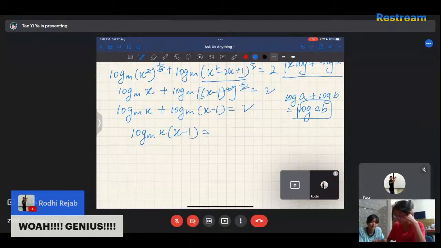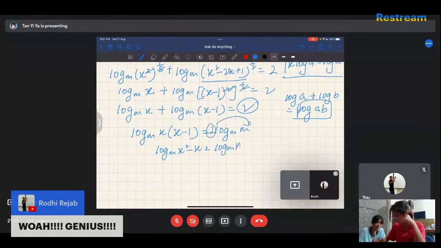So actually we can shift this into the log form, right? So it will be 2 log mn. Okay. So x squared minus x equals to log m, and this will be shifted here, becoming m squared.